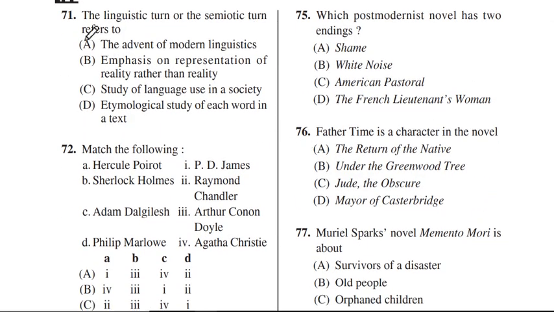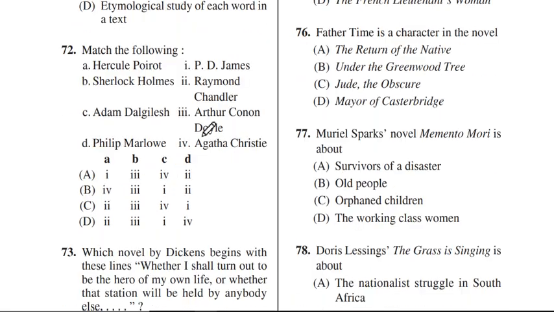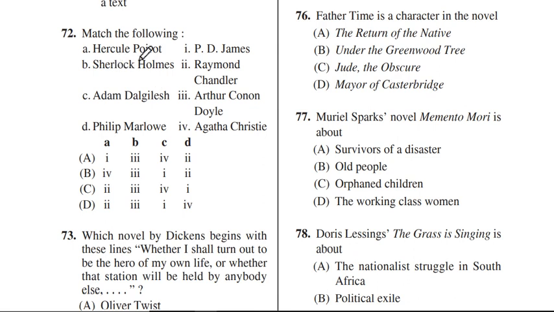Next, question number 71. The linguistic turn or the semiotic turn refers to emphasis on representation of reality rather than reality. Next, 72, matching: Hercule Poirot, Sherlock Holmes, Adam Dalgliesh, Philip Marlowe, and P. D. James, Raymond Chandler, Arthur Conan Doyle, and Agatha Christie they have given.